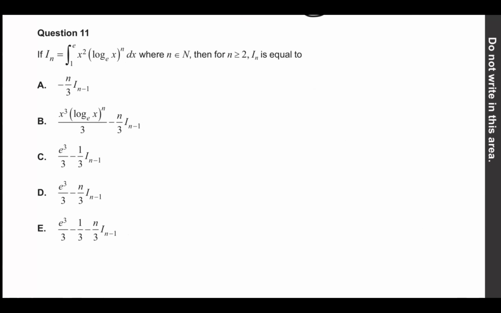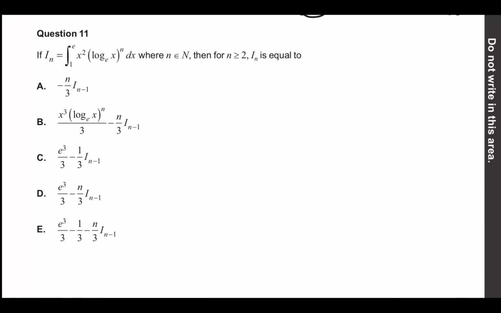All right, question 11, integration by parts, I suppose. We have this recurrence relation. The nth integral is the integral from 1 to e of x squared times (log x) to the power n dx. n is any natural number, 1, 2, 3, 4, and n is greater than or equal to 2. Good. So what you could do is you need to select your u dash and the v.